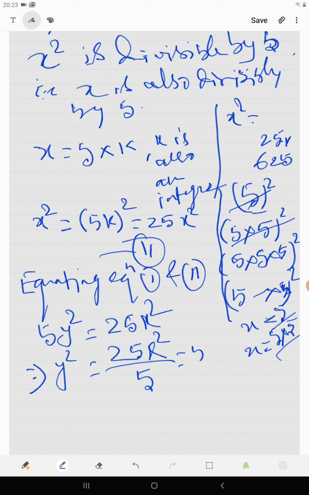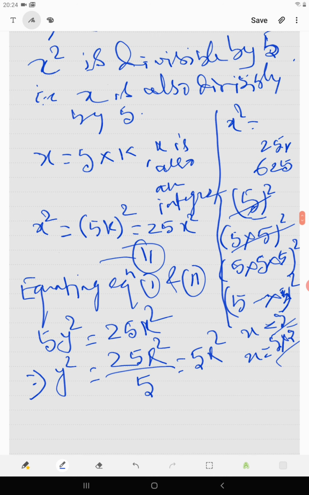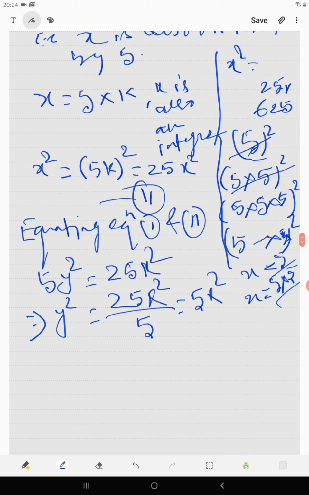That means y square is also 5 into some integer square. So this proves that y square is divisible by 5.